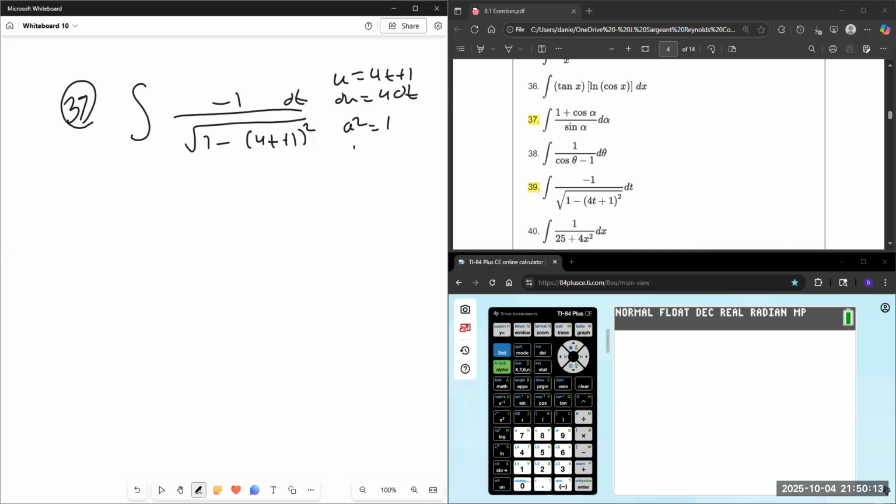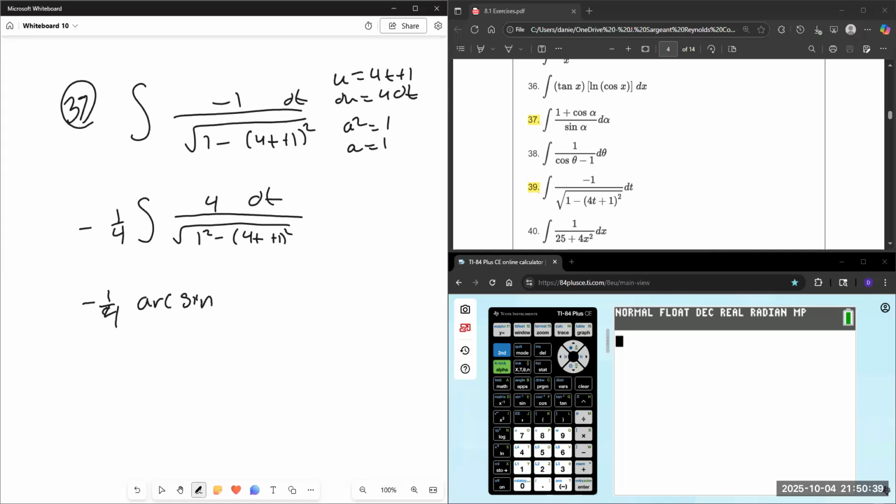A squared is 1, so a is 1. So I need to pull the -1 out. I need to multiply by the 4 on the inside, 1/4 on the outside. This is 1 squared minus 4t plus 1 squared. So this is -1/4 arc sine of u over a, 4t plus 1, plus c.